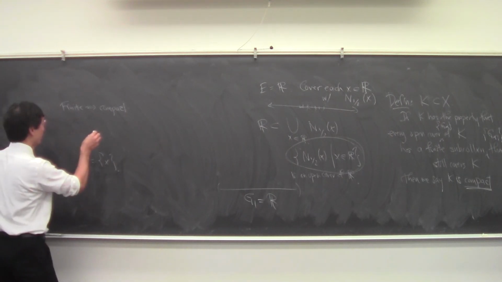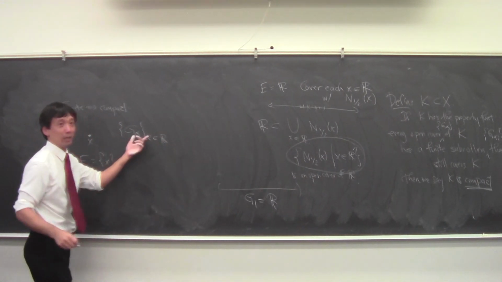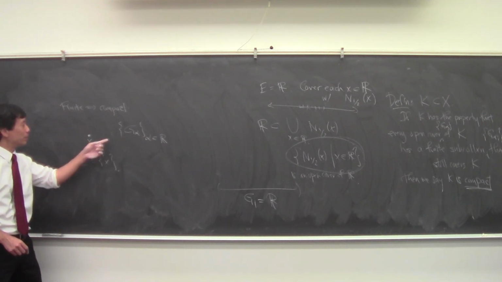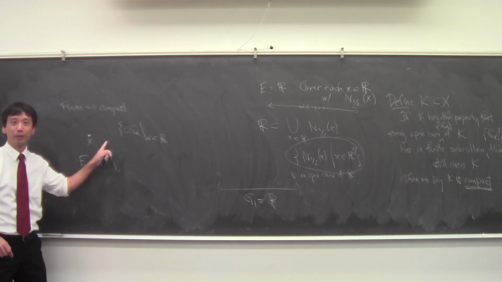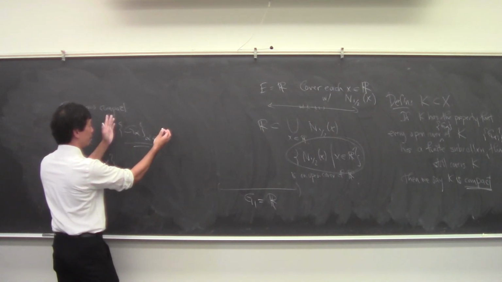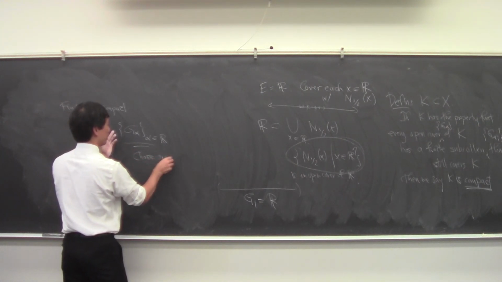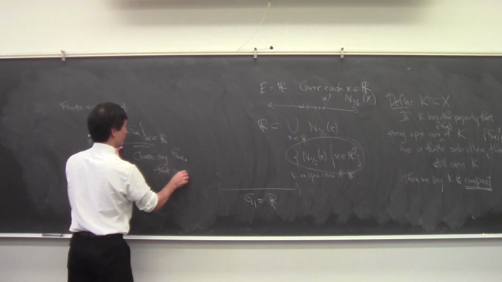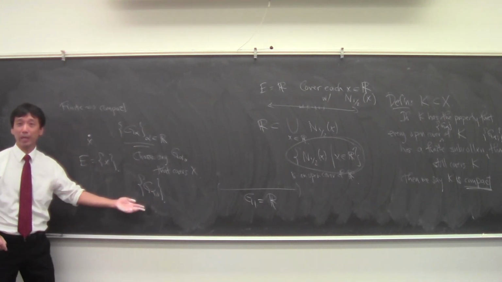So somebody says, okay, I give you a cover. It's called G alpha. There are uncountably many elements in this cover. But I say, just choose one of them that covers X. That's going to be my finite subcover. So I take this infinite cover, and I just choose any G alpha naught that covers X, and this is my finite subcover.